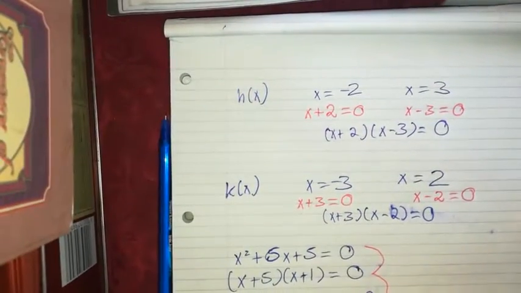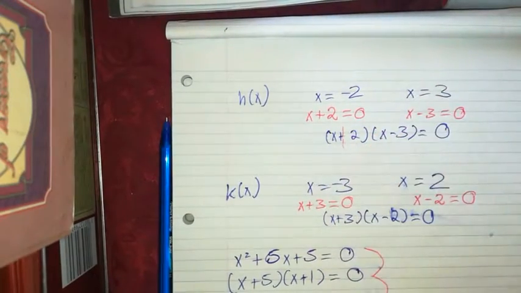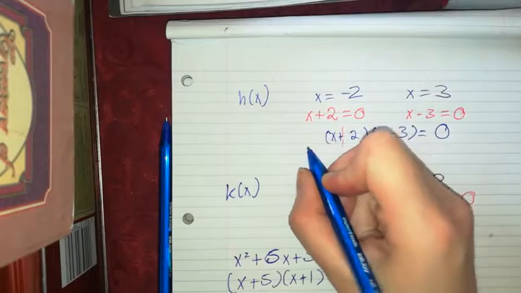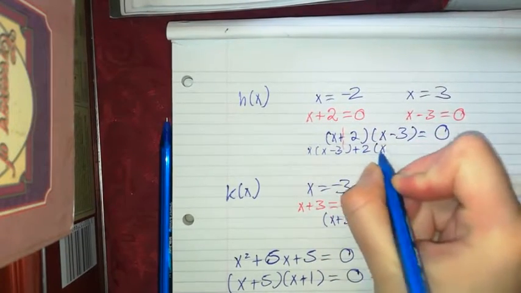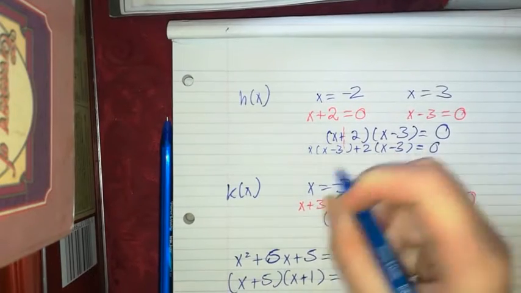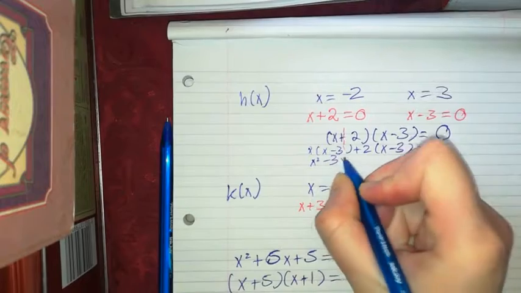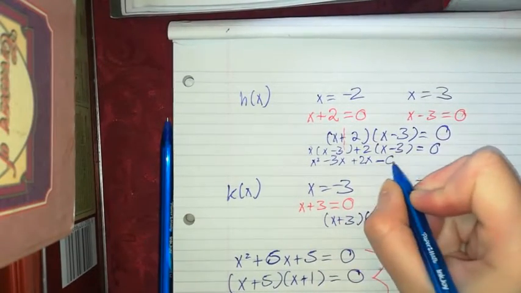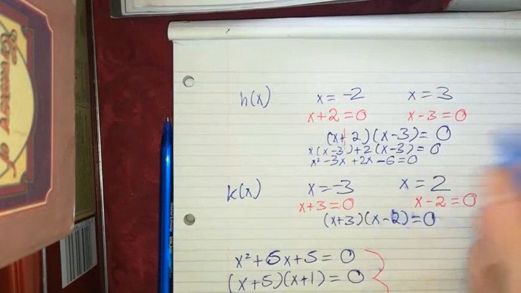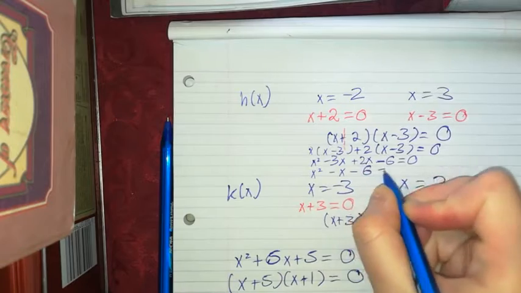To multiply two brackets together, I split the first bracket: x by x minus 3, plus 2 by x minus 3. So x by x is x squared, x by -3 is -3x, 2 by x is 2x, and 2 by -3 is -6 equals 0. So x squared minus x minus 6 is equal to 0.